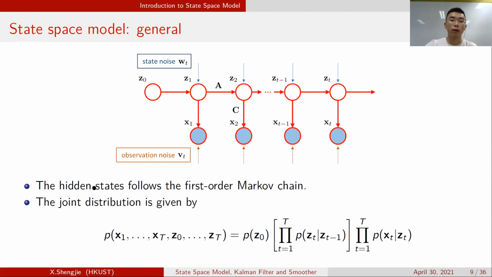The benefit is that when we want to write down the joint distribution of the state and the observation, we can simply write it down like this: the distribution of the initial state, multiplied by the product of how the state transitions, and also multiplied by how the observations occur. So this is a really elegant form of the probability.